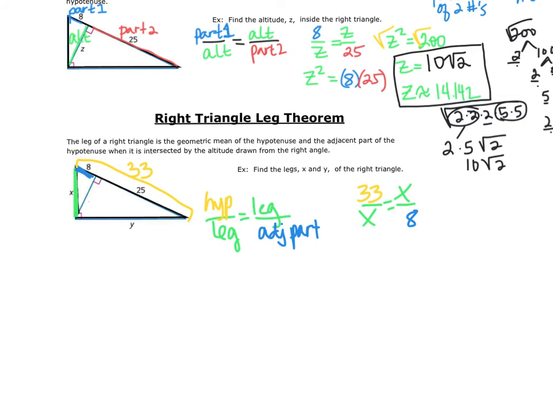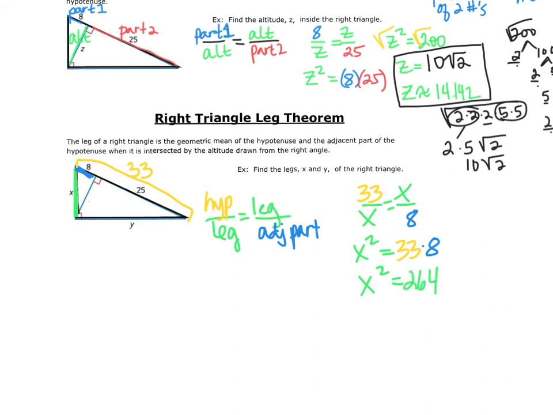So we have x squared equals 33 times 8. So x squared equals 33 times 8, which is 264.